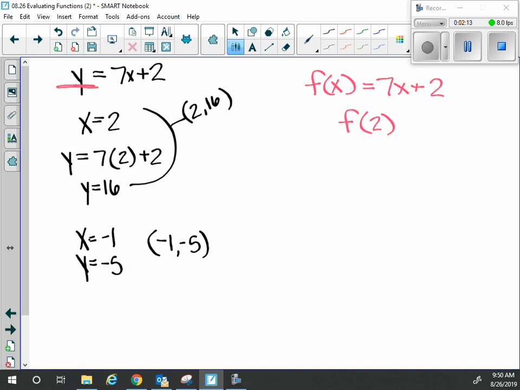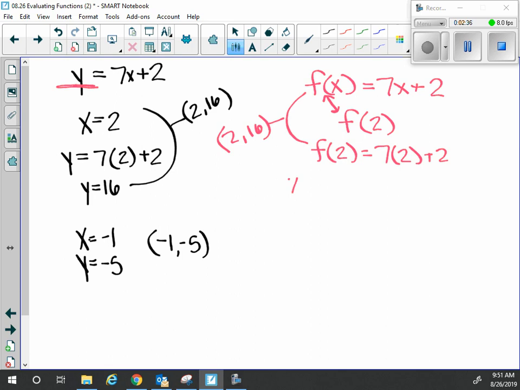If I compare this statement with this statement, what got replaced with 2? X. So you would have the same process. You would say f of 2 equals 7 times 2 plus 2, and you would still get that point on the graph, (2, 16).